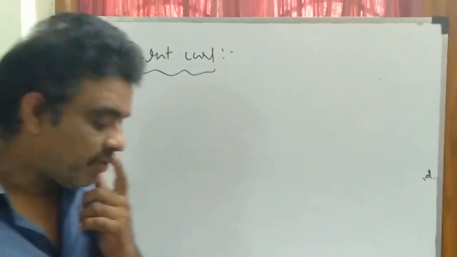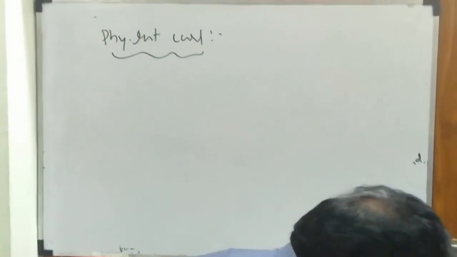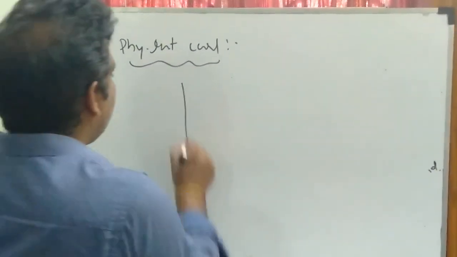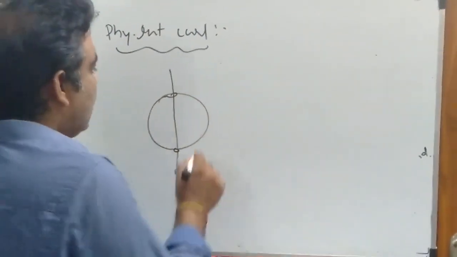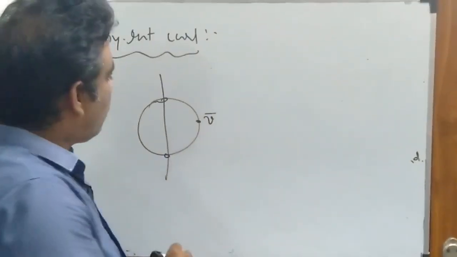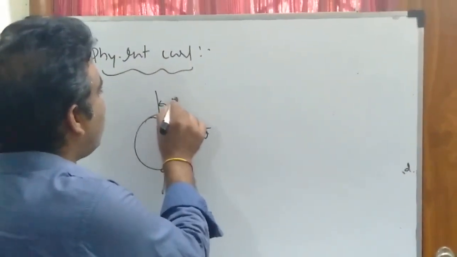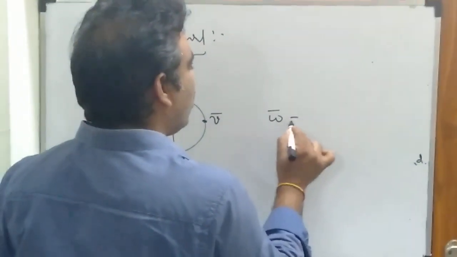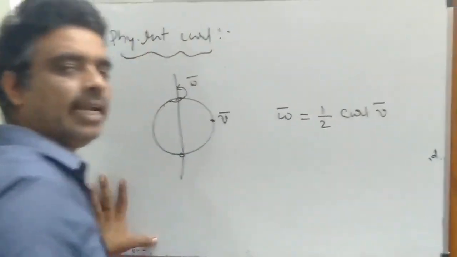Suppose, let us assume a rigid body rotating about a fixed axis, and let us assume that v bar is the velocity of the point P(x, y, z) on the body, and omega bar the angular velocity, then omega bar is equal to half into curl v bar. This is the physical interpretation.